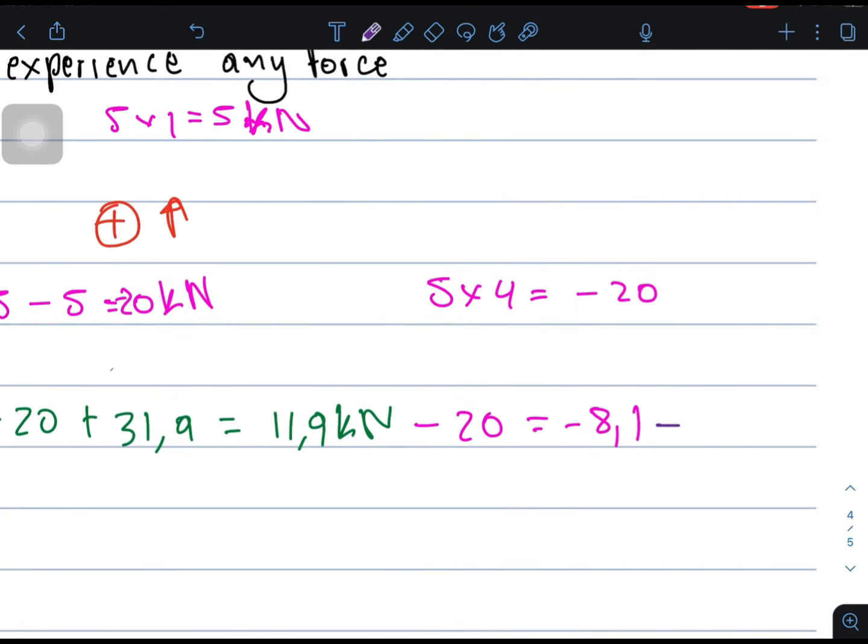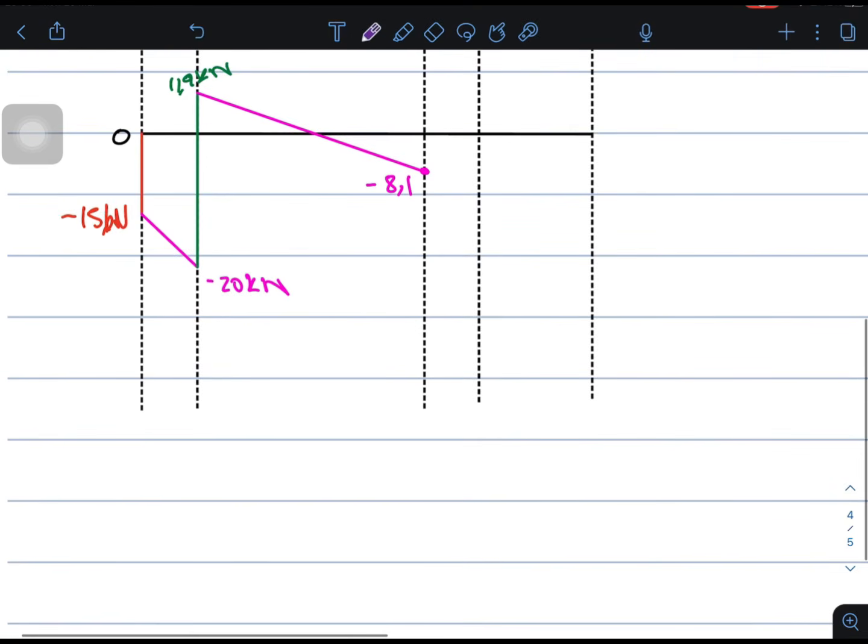So minus 52, that means I'm going to be at negative 8.1 minus 52, which is negative 60.1. Remember, it's not according to a scale, it's going to be here.